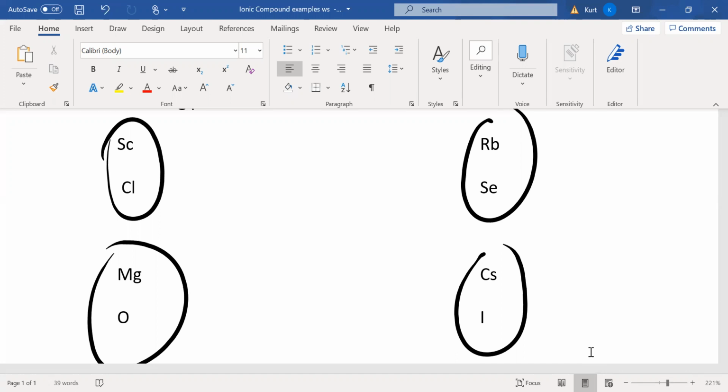One more minute. You want to make them the proper ratio to where they cancel each other out. That's the goal. You guys are getting 10 points participation today just by being here and doing this.